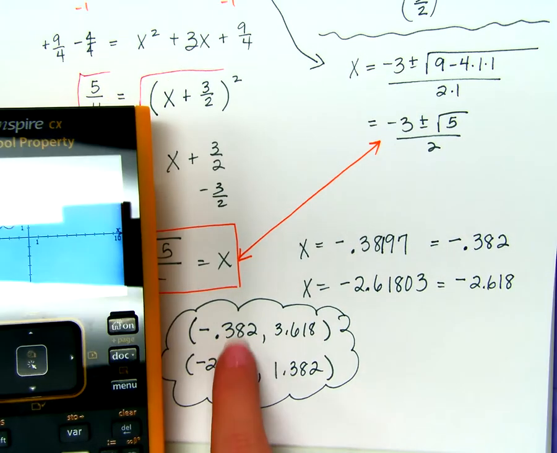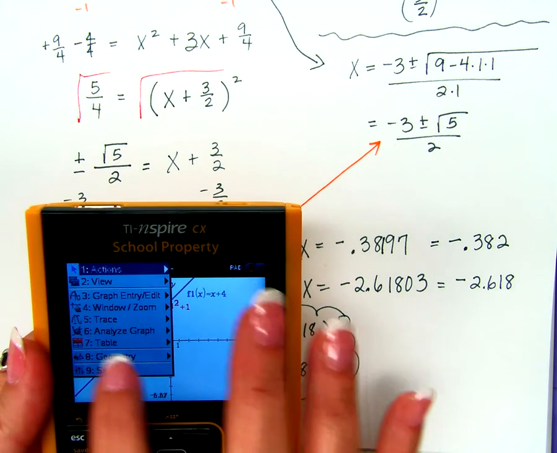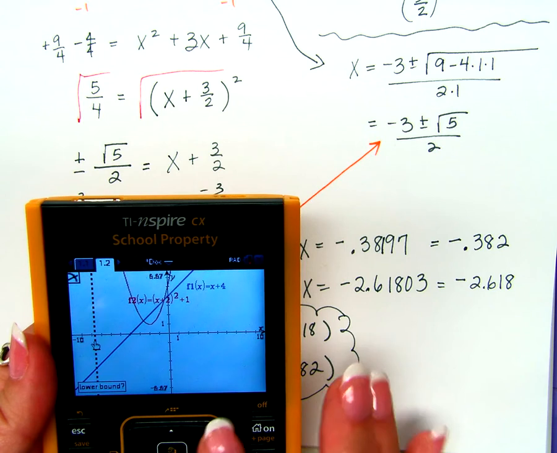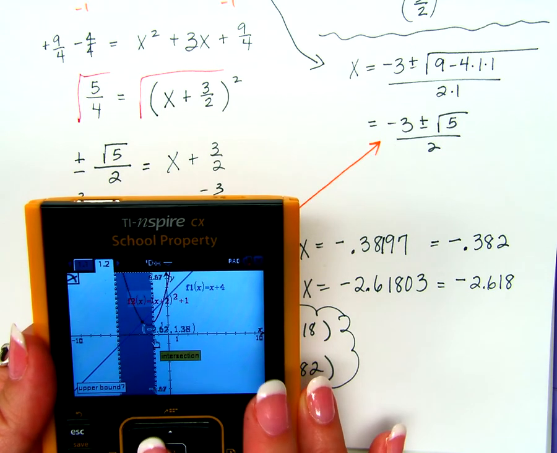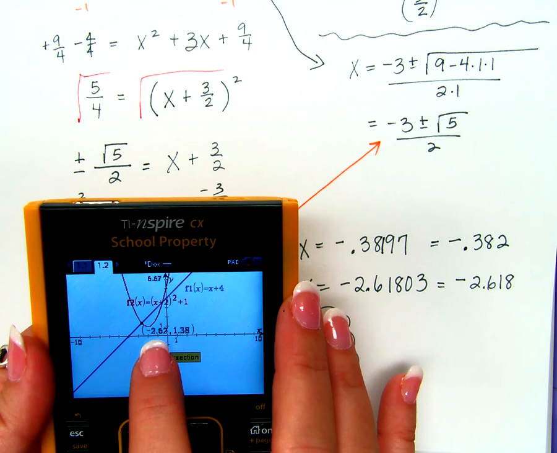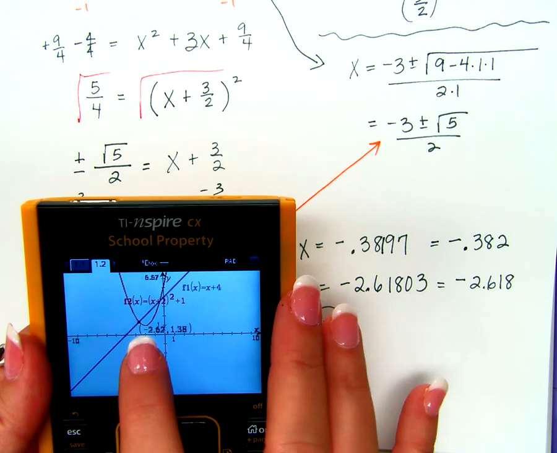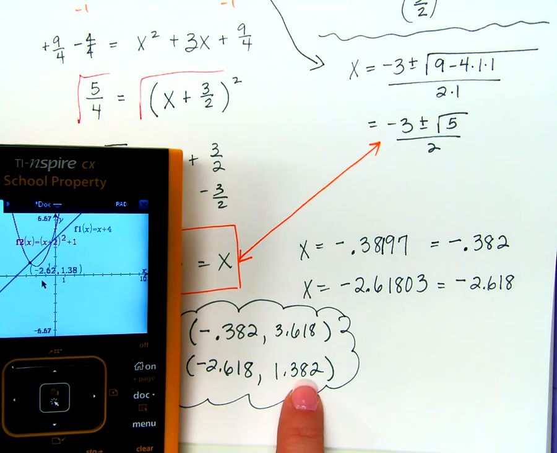Aren't both of my x's negative? Okay. So I could do menu, analyze, intersect. Put it on the left-hand side of that intersection, and then move it to the right-hand side. Look what it says. Negative 2.62, 1.38. Yes.